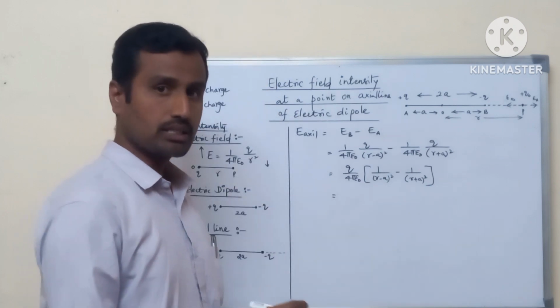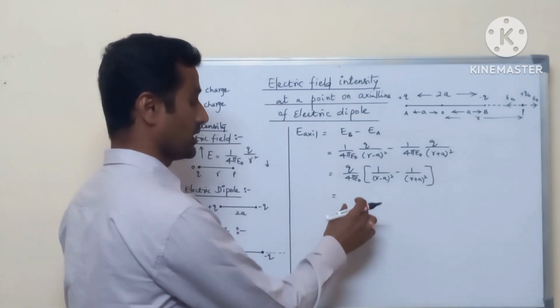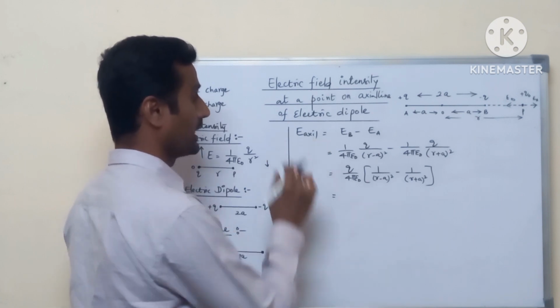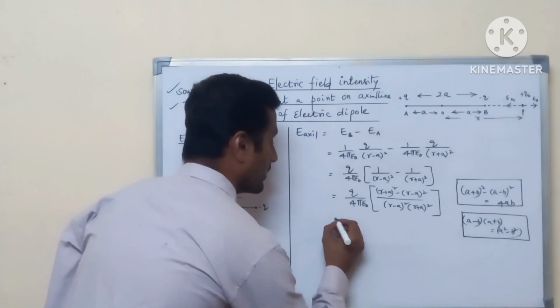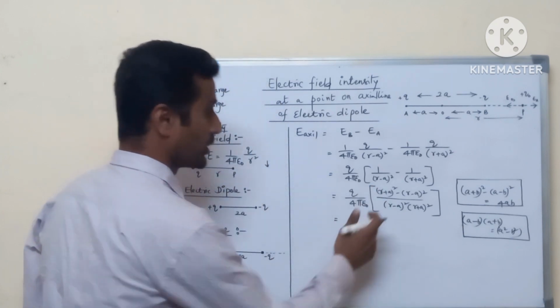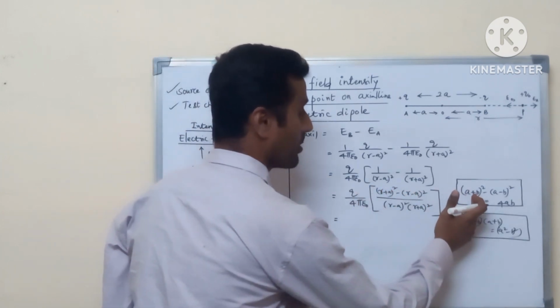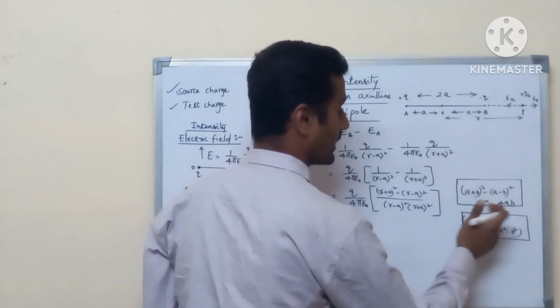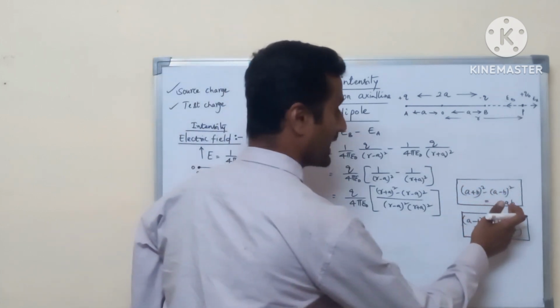By using simple mathematical formulas, we can easily derive the intensity of electric field at the axial line. In the above expression, the numerator is in the form of a plus b whole square minus a minus b whole square, which is equal to 4ab.